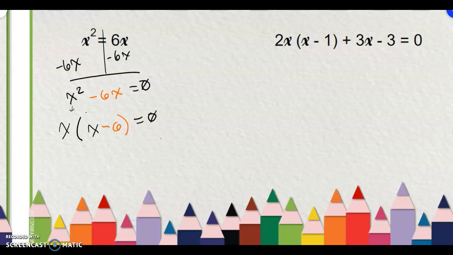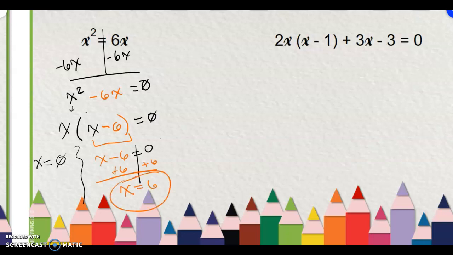Or sorry, set these both equal to 0. So I'm going to set x equal to 0, which is one of my options. And then I'm going to have x minus 6 set equal to 0. Because remember, I need to figure out both options. So both of my two options that x can be are 0 and 6.